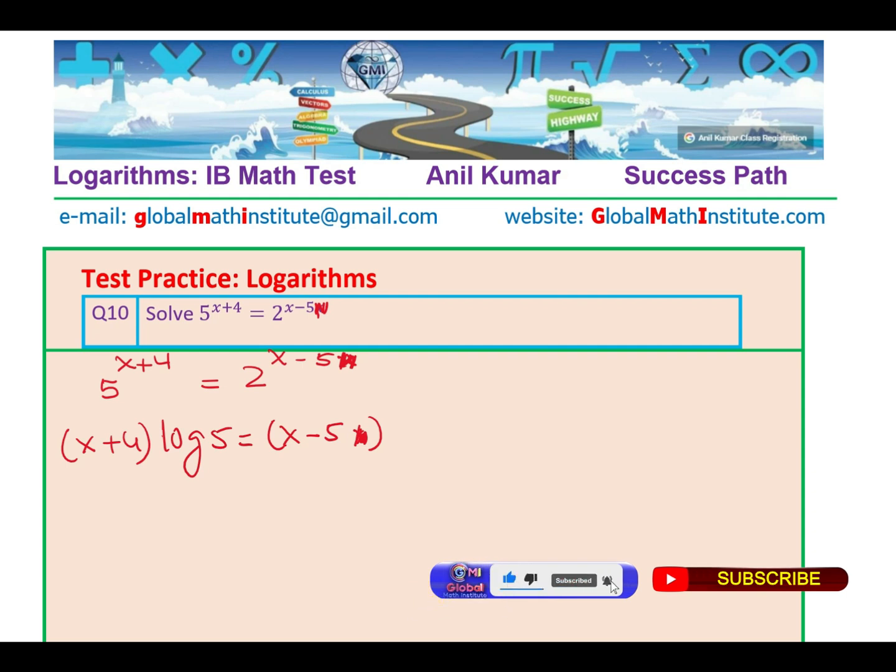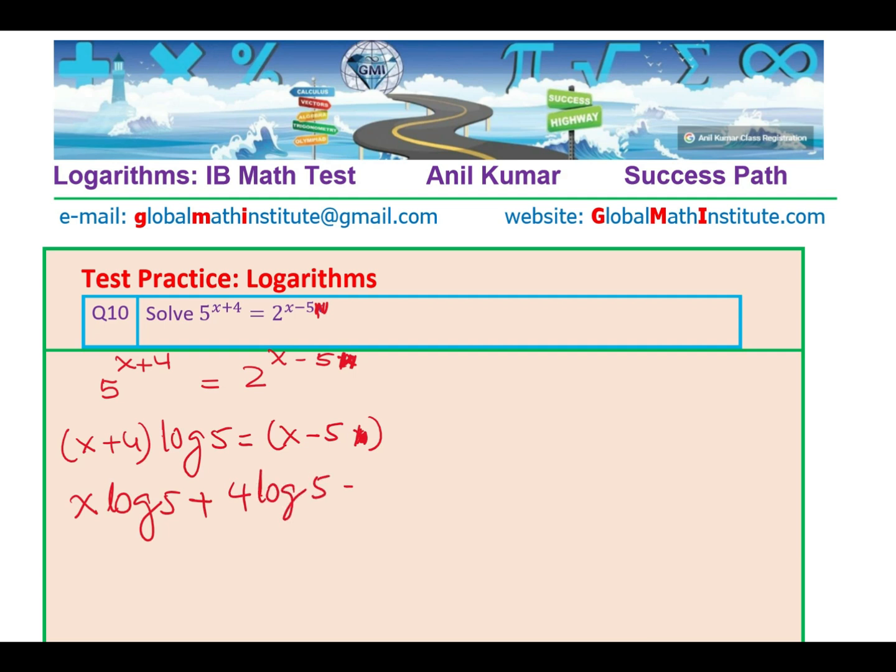So what we have here is x log 5 plus 4 log 5. 4 log 5 is a constant, equals x minus 5. So bringing x to the left side, we say x log 5 minus x equals 4 log 5 minus 5. I could have done the other way also.